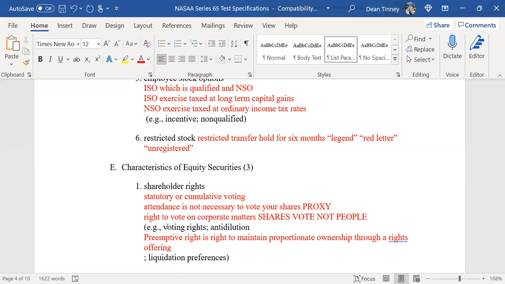Now, what you've got to know about rights is rights are short term. It makes sense because the company wants the money. Let's just put this here first. The first right of refusal. The issuance of new shares.